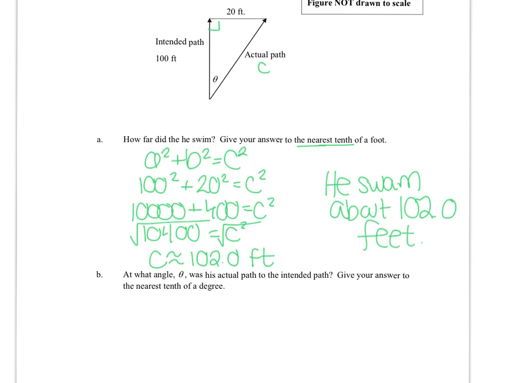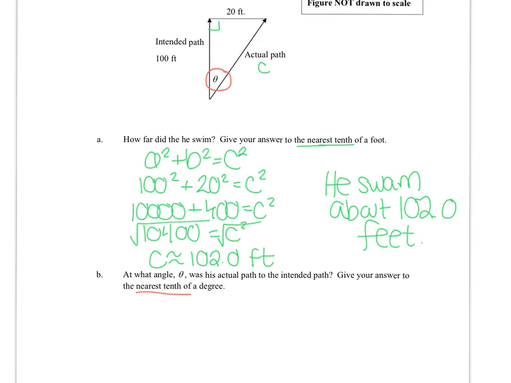Part B says, at what angle theta was his actual path to the intended path? Give your answer to the nearest tenth of a degree. Well, we're looking for what theta is, and all we know for certain is our opposite and our adjacent. Now, I understand that you just found the actual path, but I don't recommend that you use that.